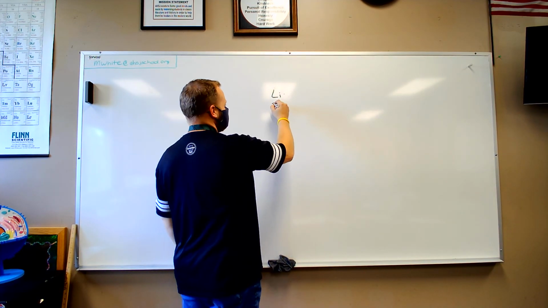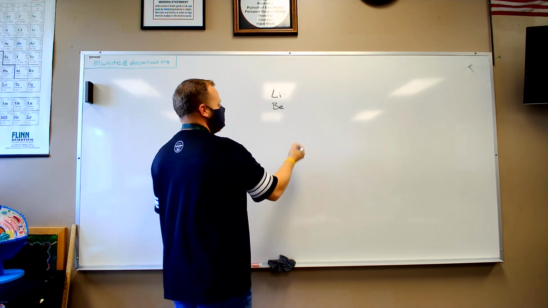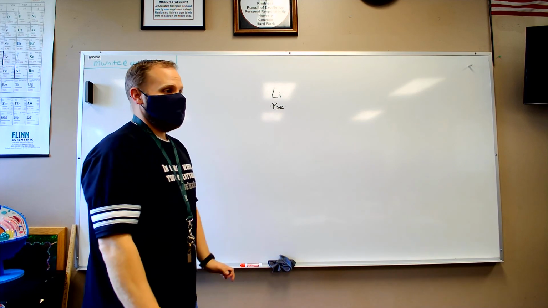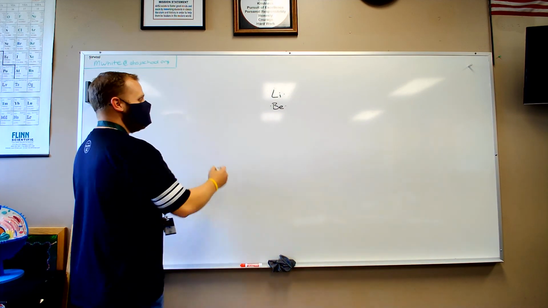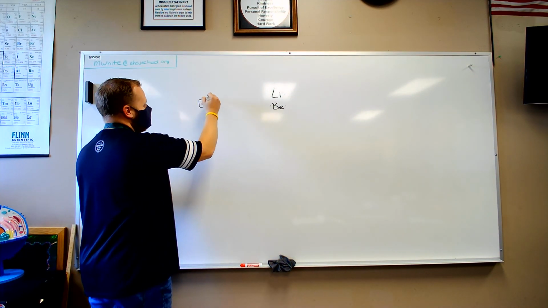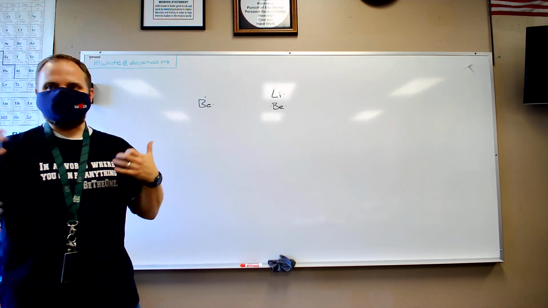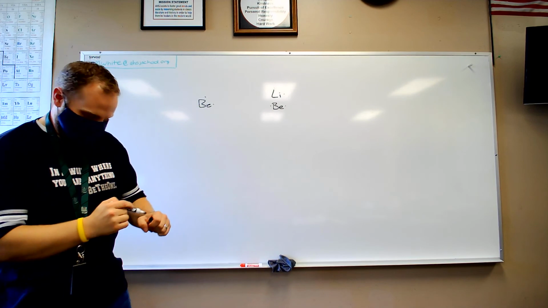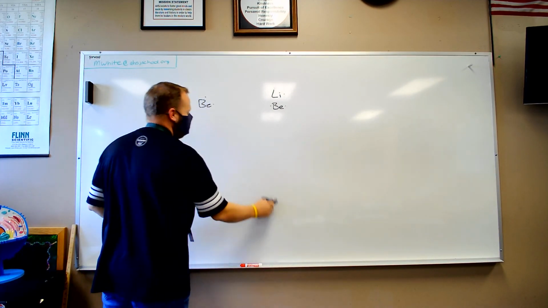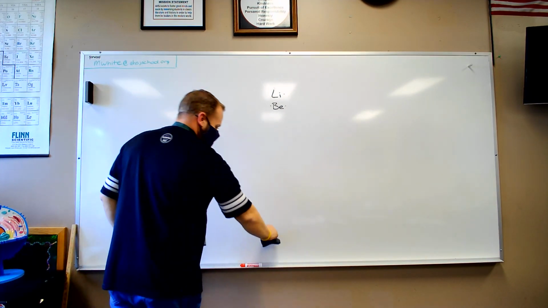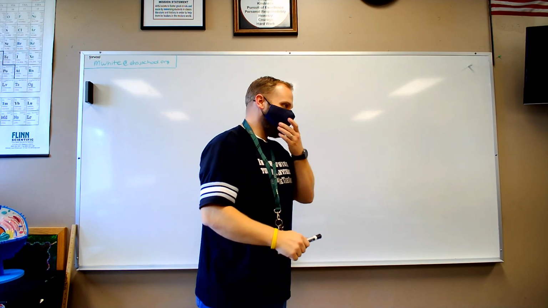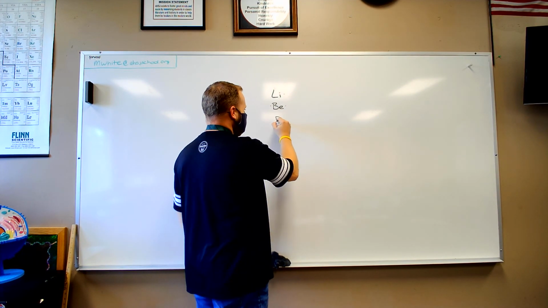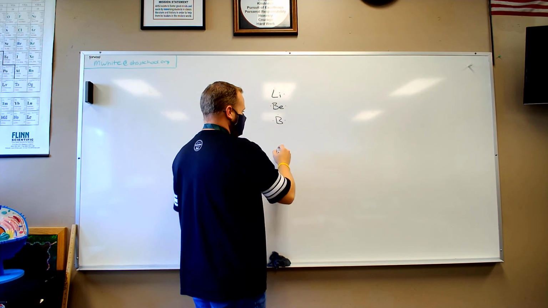Beryllium. Now the book puts them on either side. Typically when I do it, I actually would do it that way. That's just my personal preference. I don't care how you do it. Okay? But what you'll notice is, as we continue to go, then we get boron, and then we get carbon.